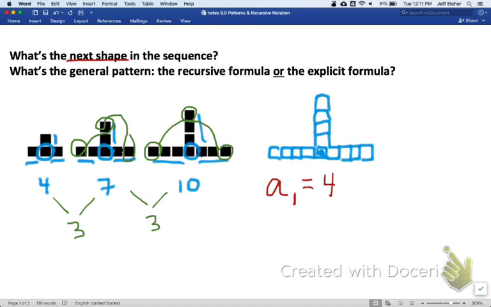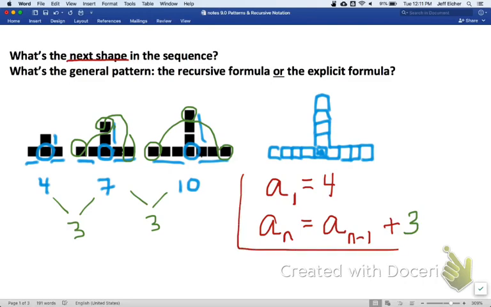And then any position after that is the number of blocks we have before it, so that would be a sub n minus 1. And then we're adding 3. I'll even color code it for you since I wrote in green over there. So plus 3.